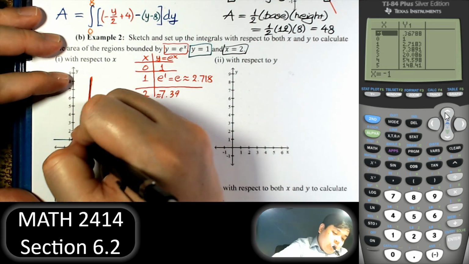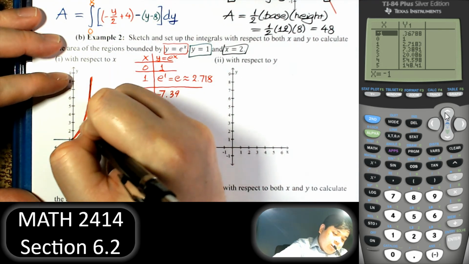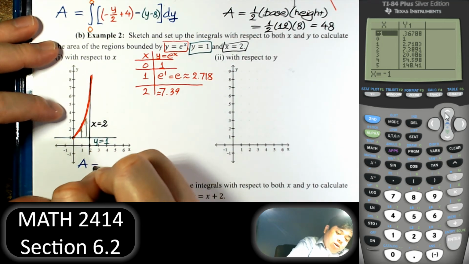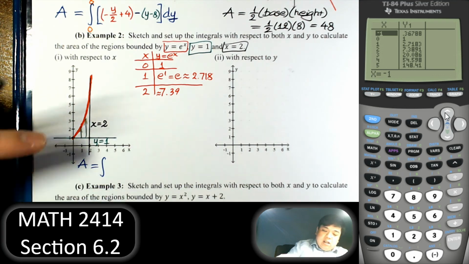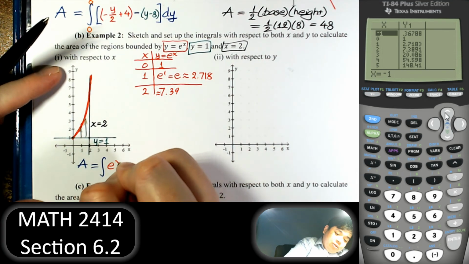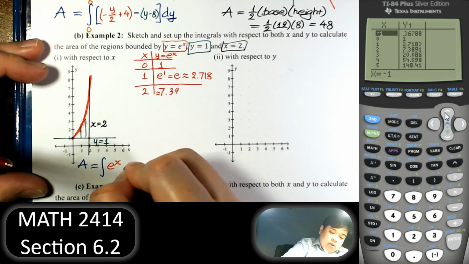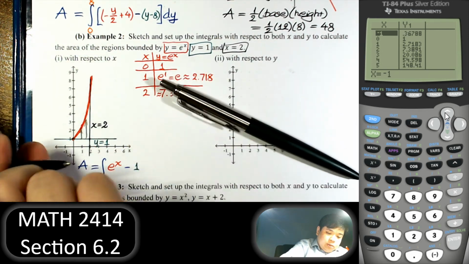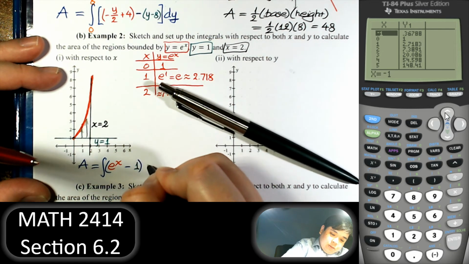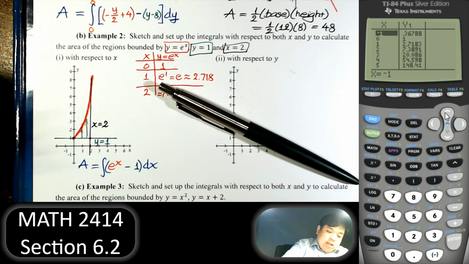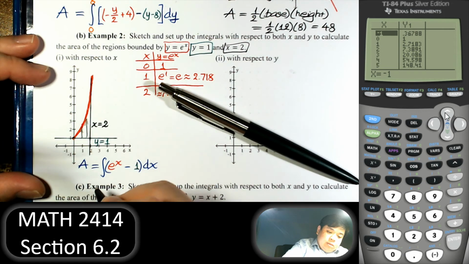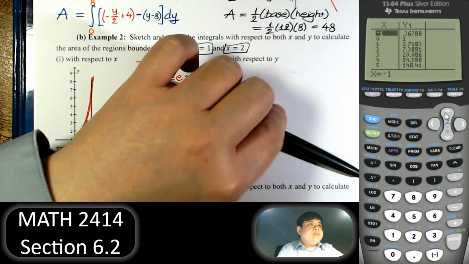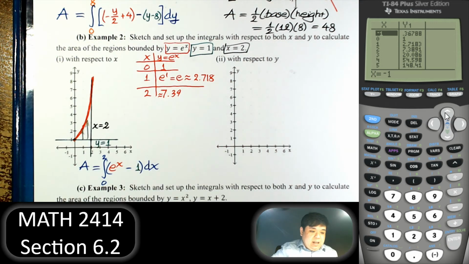The vertical component, the function above minus the function below. So in this case, it will be very easy. The function above is e to the x. We need x though. And the function below is just 1. And in this case, just go from 0 to 2. So we just have that. Simple enough.